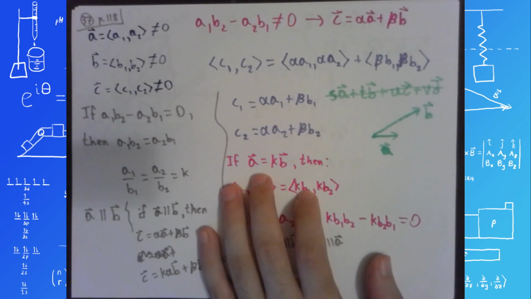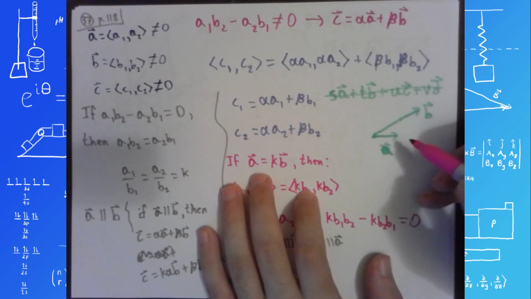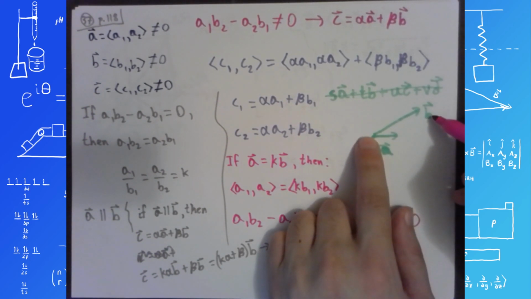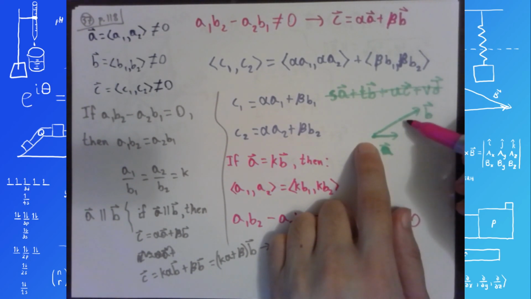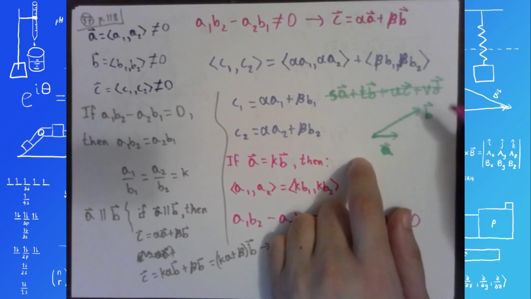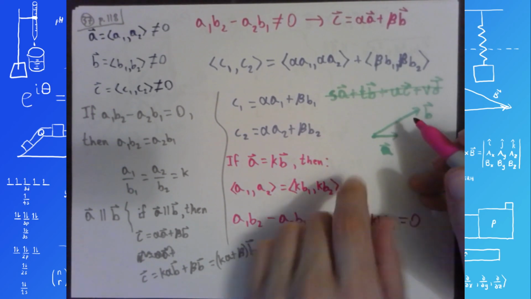For example, if I wanted to go left, I could either take a negative scalar multiplied by a, or I could take a negative scalar multiplied by b. If you go the b route, then you're also moving in the vertical dimension as well, so that's something you have to take into account.